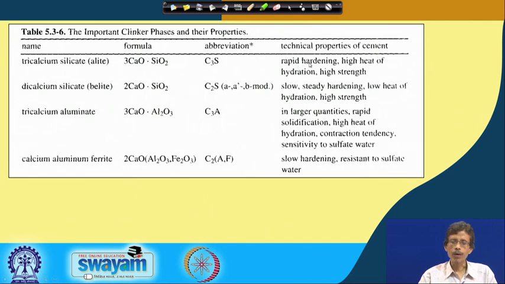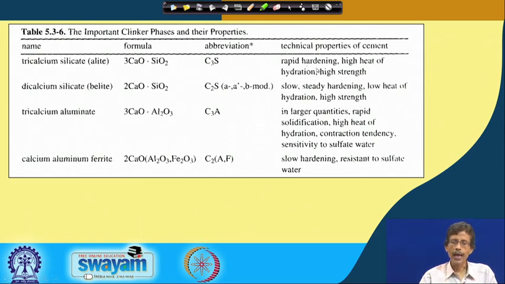And the technical properties, when you use only one of these components, are given in a good list of 4 materials, again taken from the book we refer to every time. The typical composition will have the different parts: tricalcium silicate, dicalcium silicate, tricalcium aluminate and the calcium aluminoferrite, sometimes written as aluminium ferrite or aluminoferrate.